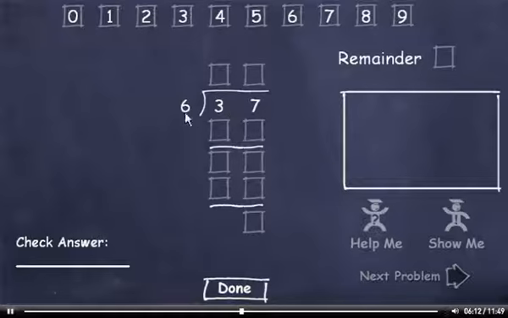37 divided by 6. 6 can't go into 3, but it can go into 37 6 times. Six times 6 is 36.